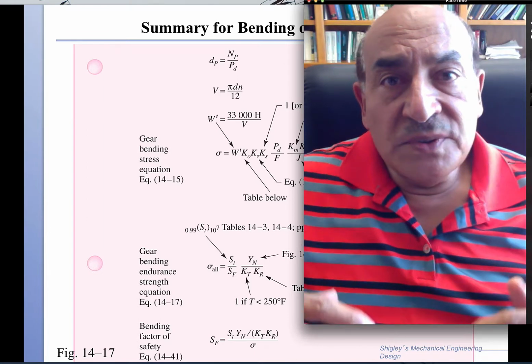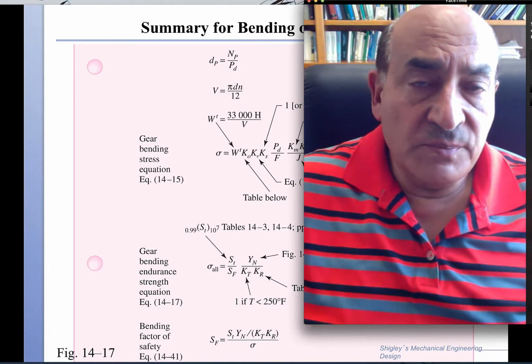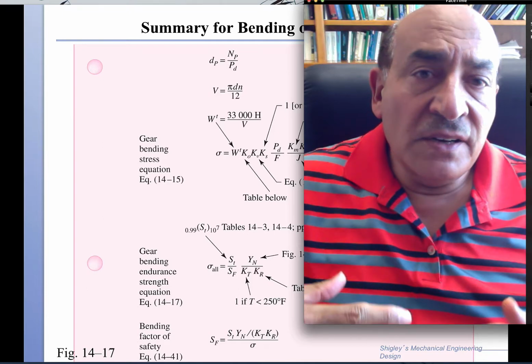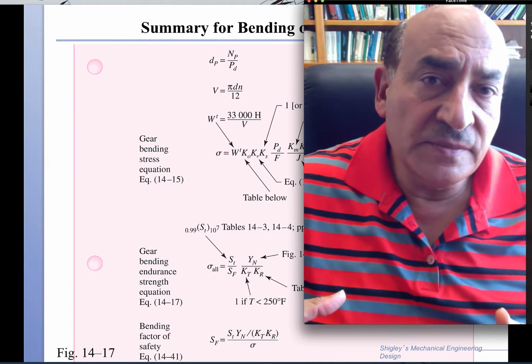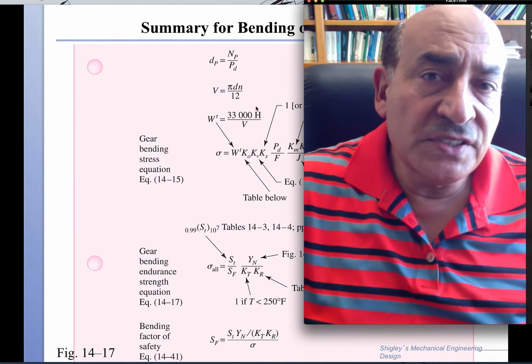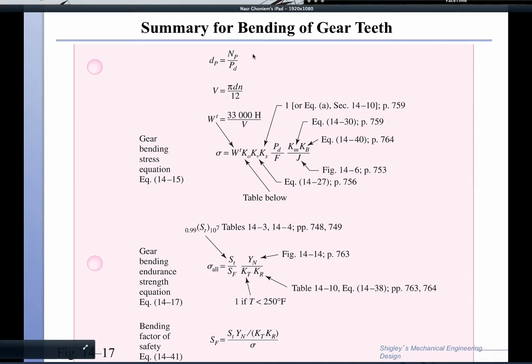So what we will do now is get a quick review of the bending and contact stress calculations using the AGMA procedure, and then we'll finish with a practical example. So if you see here, the procedure is that once we know the number of teeth of the gear and the diametral pitch, we can find the diameter of the gear. Once we know the diameter of the gear, then we can use it to calculate the pitch line velocity in feet per minute.